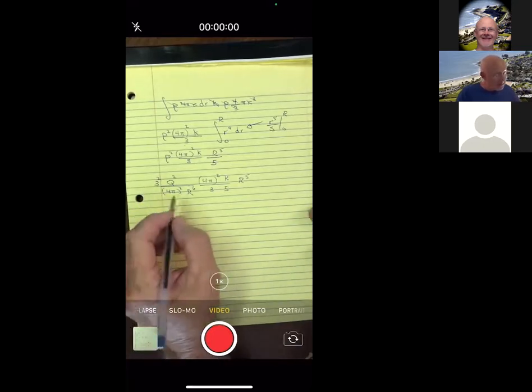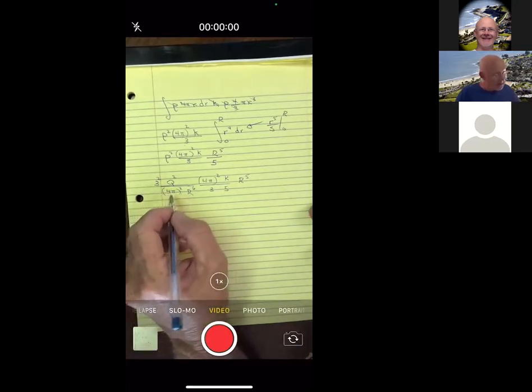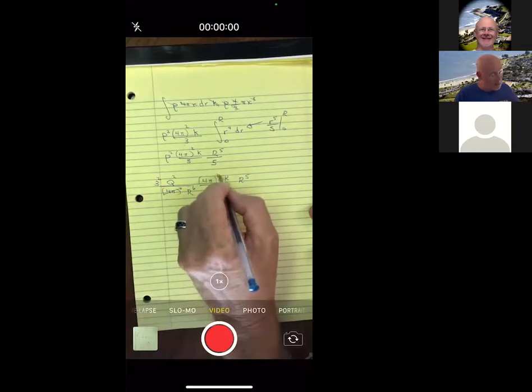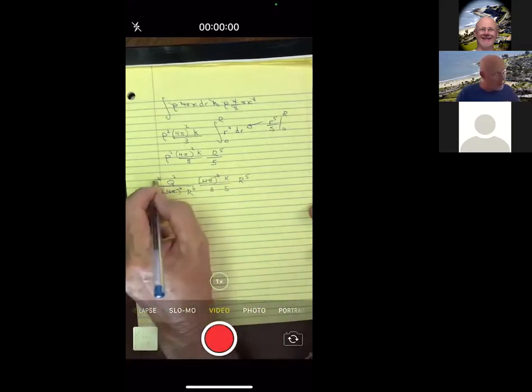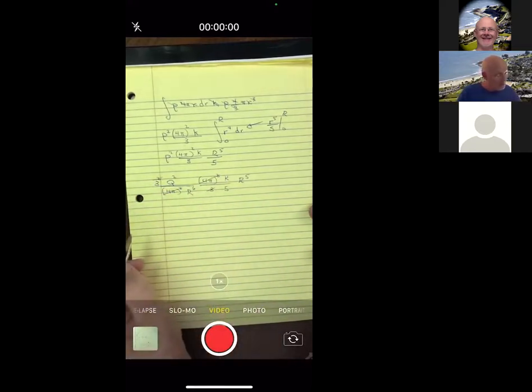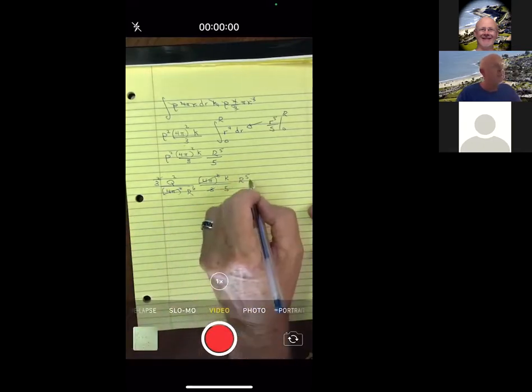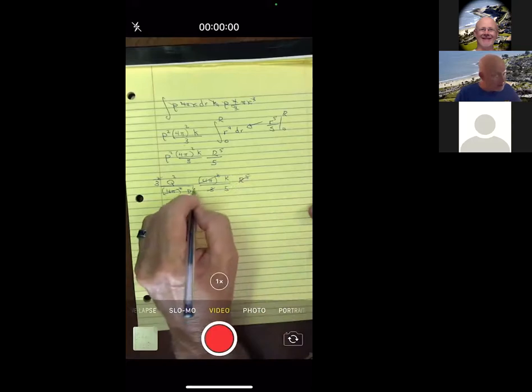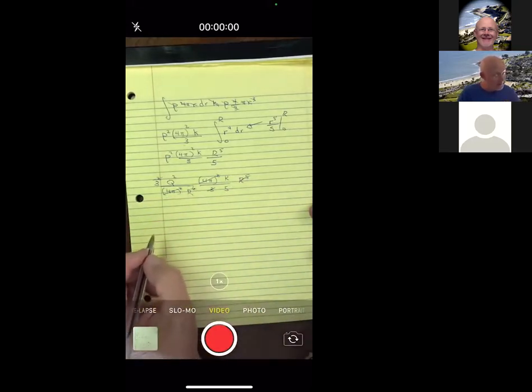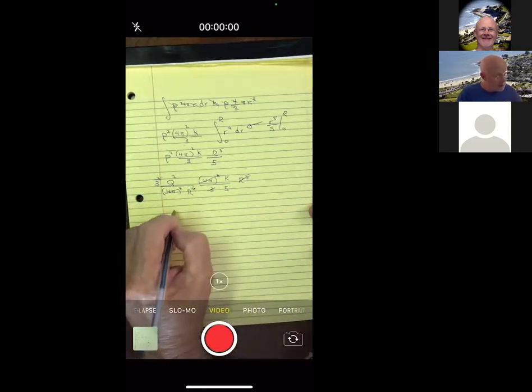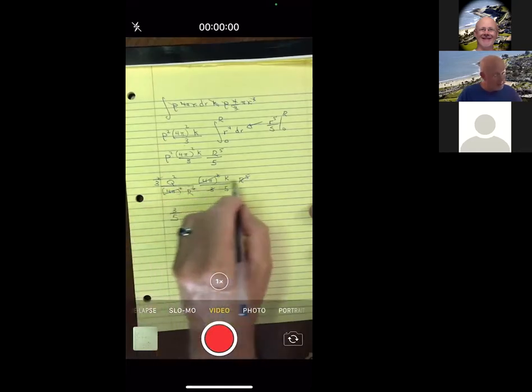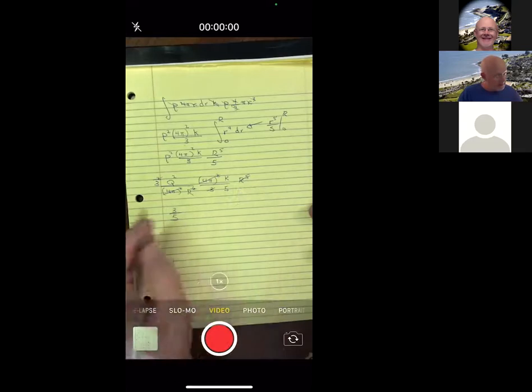There's Coulomb's constant. There's a 3, there's a 5, and there's an r to the 5th. What's nice about this is that the 4 pi squareds cancel off. One of the 3's cancel off. A lot of the r's cancel off. And so it looks like I'm going to have on the top a 3 and a 5 on the bottom, a 3 and a 5.